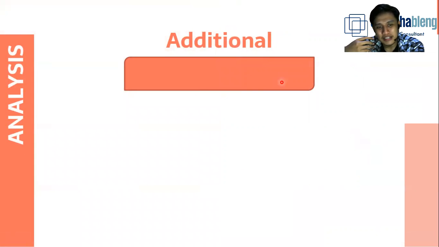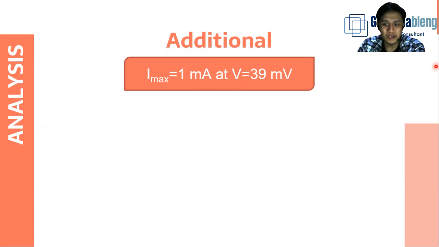There is an additional analysis, not for the conversion, but based on the readability of the tool, it can be concluded that the current generated is less than 1 milliampere. And its speed cannot be concluded because the anemometer cannot be rotated. So I use the ampere meter as the base for the analysis.